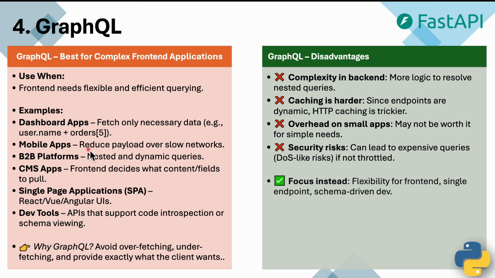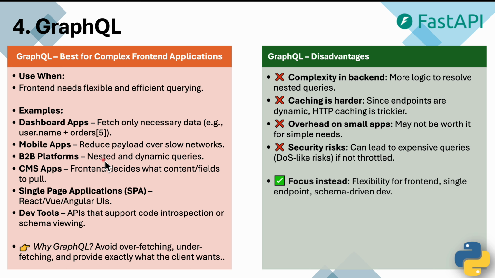Mobile apps: reduce payload over slow networks. Instead, run everything on the server side and send only minimal values to the mobile apps, instead of running the filters in the mobile apps. For that purpose, GraphQL is best.